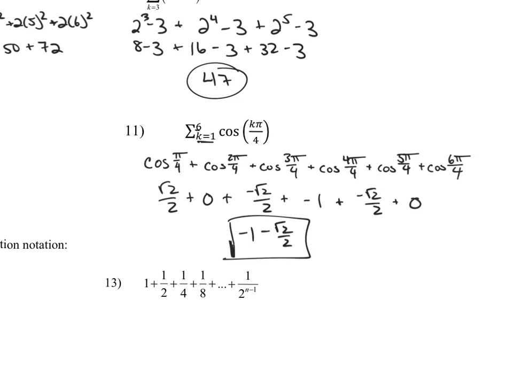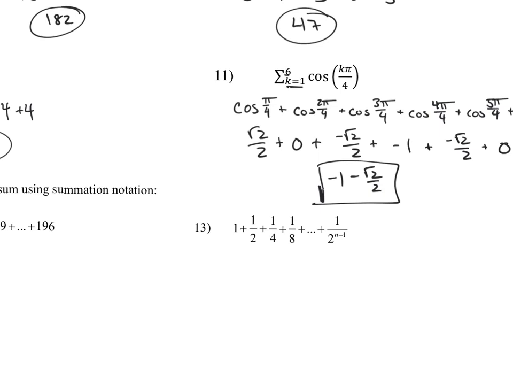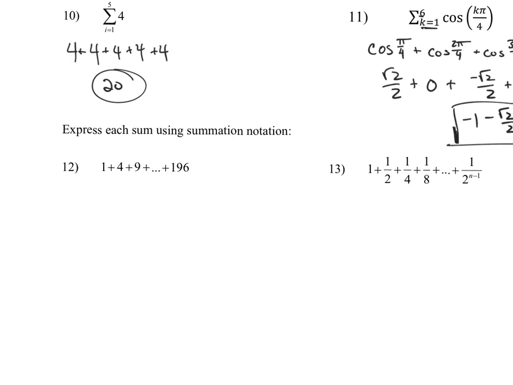Now that we're feeling a little more comfortable, hopefully, with evaluating summations, we're going to write series or sums in summation notation. The hint that I always give students is to write the term number above it. So this is a1, this is a2, this is a3, and this is a-something.